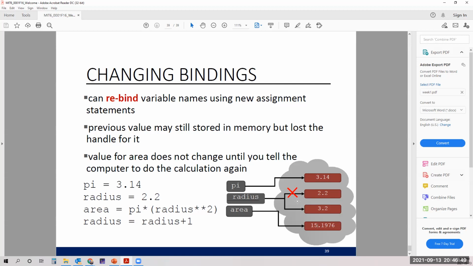Okay, then you have to change the radius back to the original value. We call it rebind. For example, you find the area here, then you want to go back to the original value of the radius. Then you set radius equal radius minus 1, or you can set radius equal 2.2.